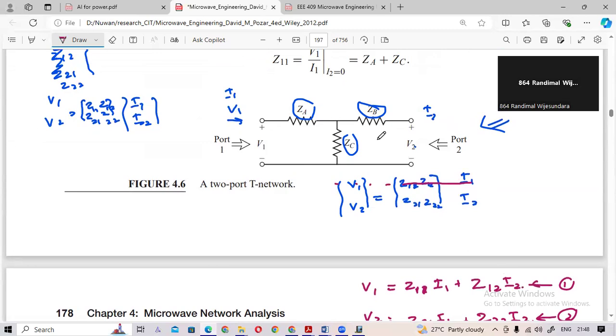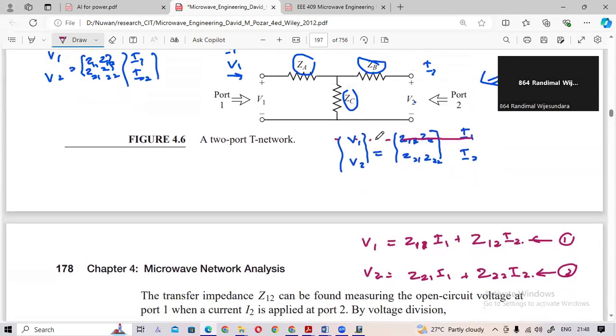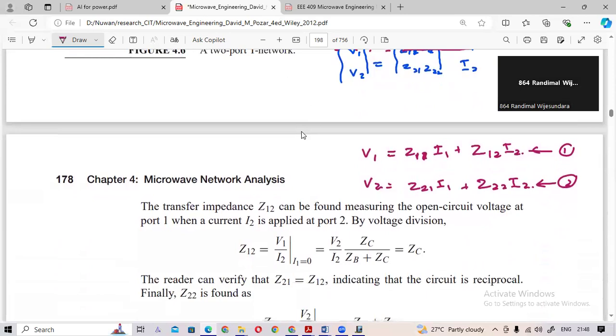So you need not do mathematical things here. You can use circuit-related techniques. For example, let's say that you need to find Z11 first. What happens if we remove this term?